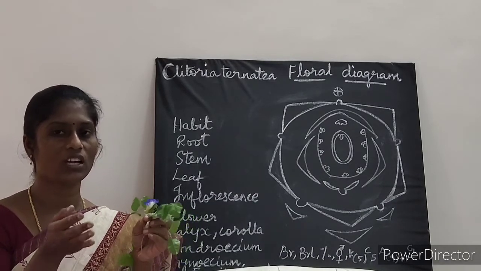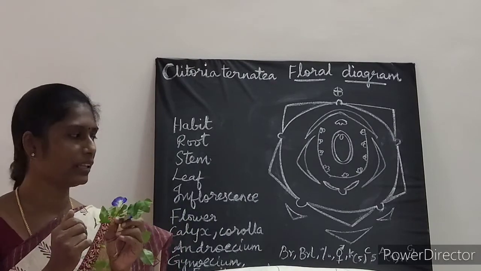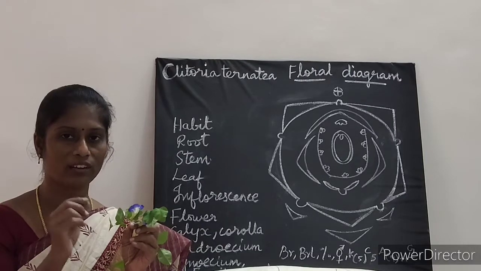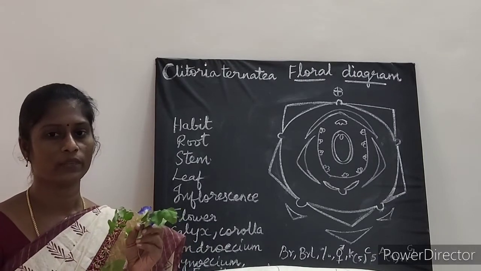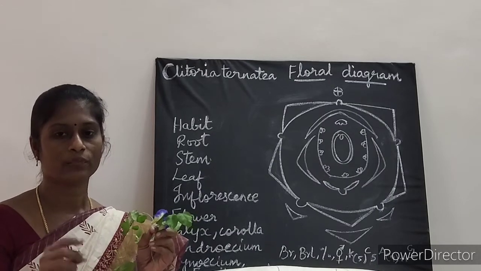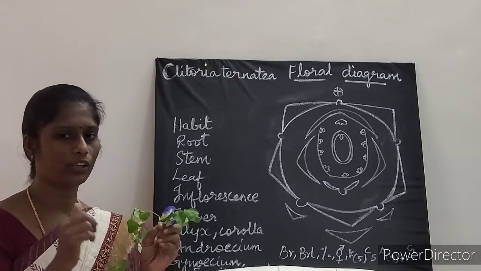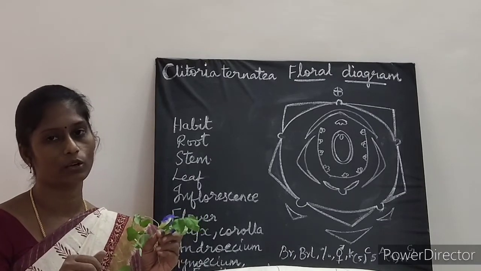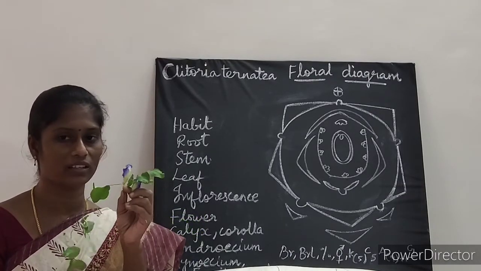So it is called as what? Zygomorphic or bilateral. And then it is hypogynous. When the ovary is superior, the flower is said to be hypogynous. Okay. So the flower is bracteate, bracteolate, large, pedicellate, heterochlamydeous, complete, bisexual, hypogynous, pentamerous, and zygomorphic. That is all about the flower description.